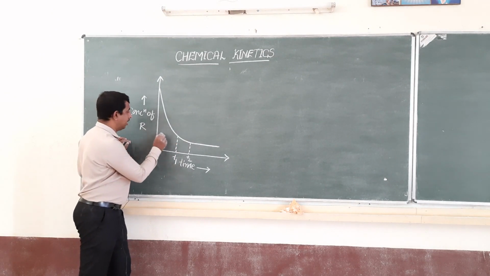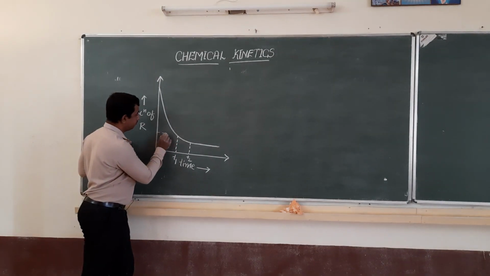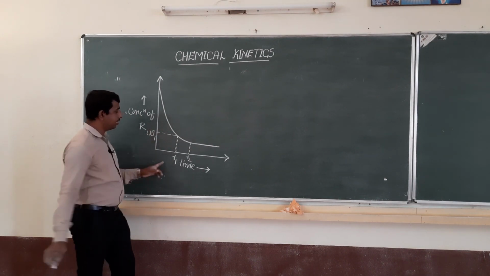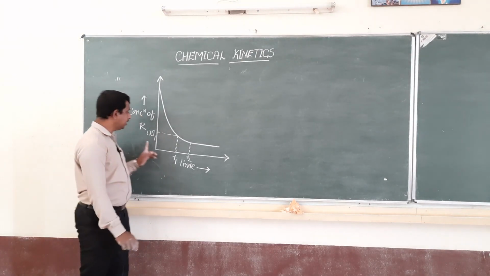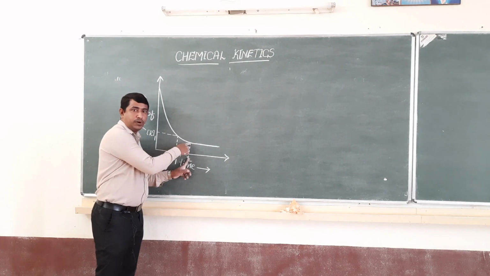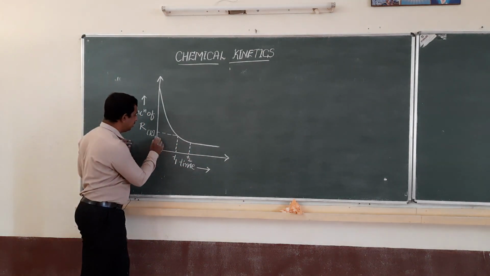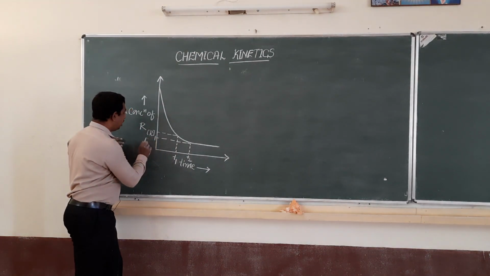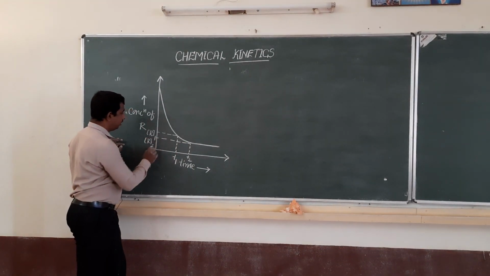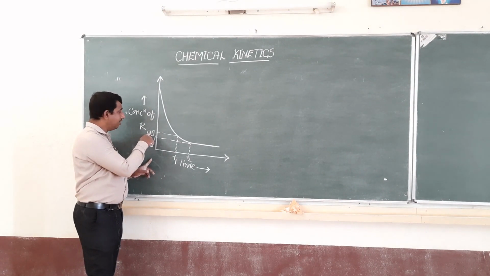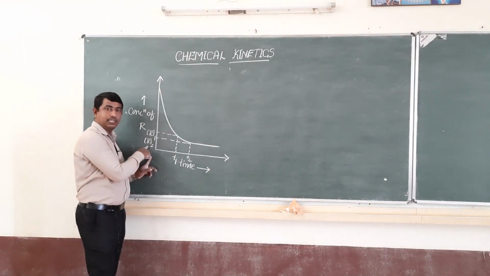The concentration corresponding to T1 second, this value, I'll take as R1. So the concentration of the reactant at time T1 second is R1. Similarly, the concentration corresponding to T2 second, this value, is R2. You can see here, the R1 value is greater and the R2 value is lesser.